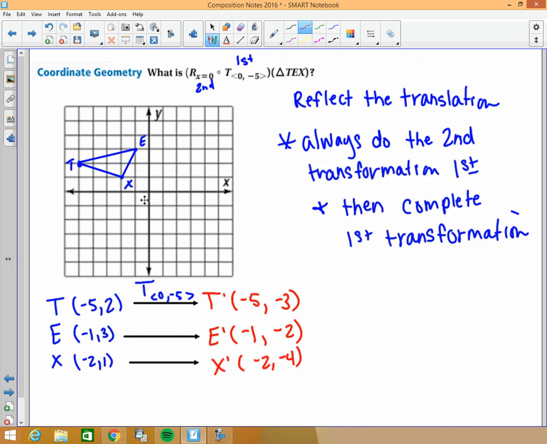Okay, so go up here and we'll plot those points. So E was -1, -2, so that's where my new E is going to be. And then -5, -3, so that's where my new T will be. And -2, -4, and that is where my new X is going to be. So we'll connect those points as best we can.